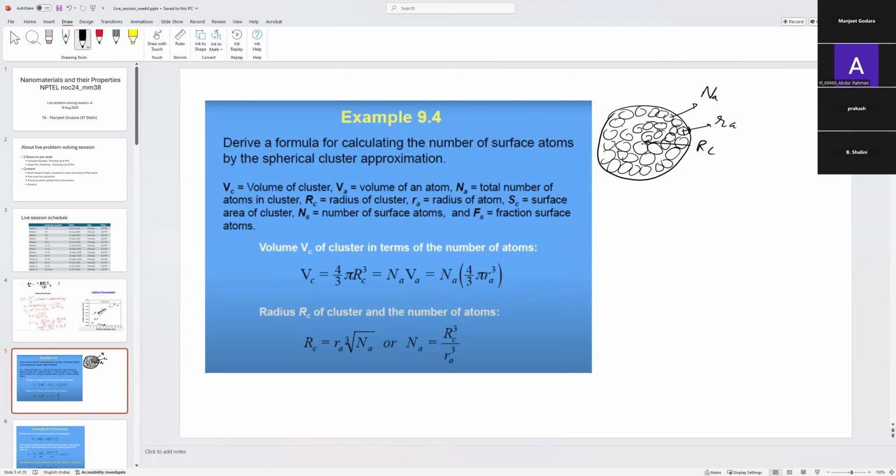Now you can write the total volume of this cluster as 4 by 3 pi RC cubed, the radius of cluster cubed. And this is equal to the volume of each atom, VA, times the total number of atoms.